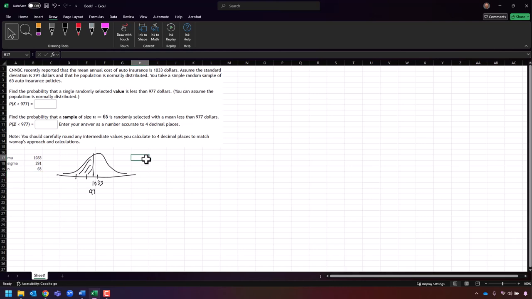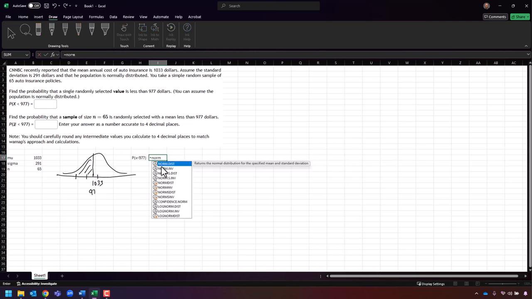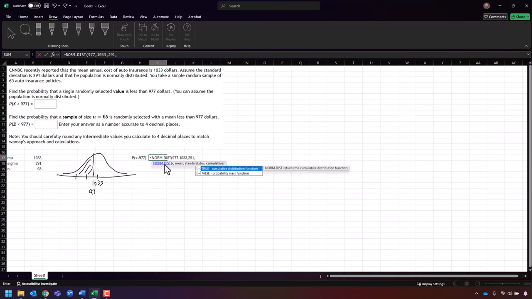And so for the first one here, an individual value of x less than 977, I'm going to do a normal distribution. I've got 977 as my person of interest. I've got a mean of 1,033, a standard deviation of 291, and true gets me the area to the left.